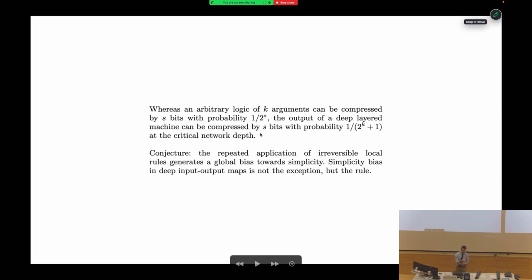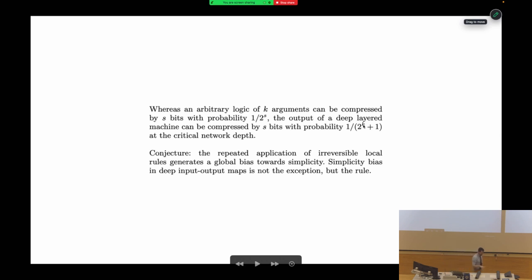But if you look at the output of a deep layered machine, which is a binary string, the probability that you can compress it by s bits is a constant. It's independent of s. It's just equal to 1 over 2 to the k plus 1. This is the number of inputs. That's pretty striking. That's a formal result that comes out of this.